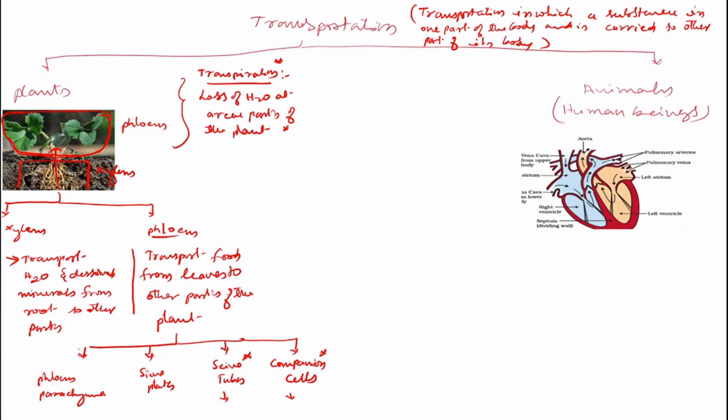Now what is the important point? Due to this transpiration, it helps in the absorption and upward movement of water and minerals dissolved in it from roots to the leaves.